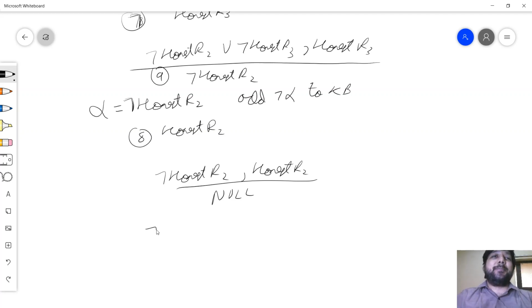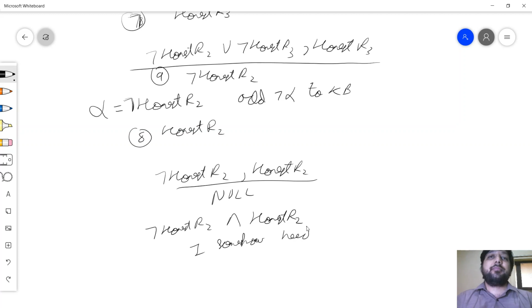There's a statement not honest R2 which I derived, and honest R2, and I somehow need to make it true. It's not possible. That means this model is not satisfiable. That means there is no solution. That means not alpha that I added is wrong. That means R2 is dishonest. And this is what resolution is.